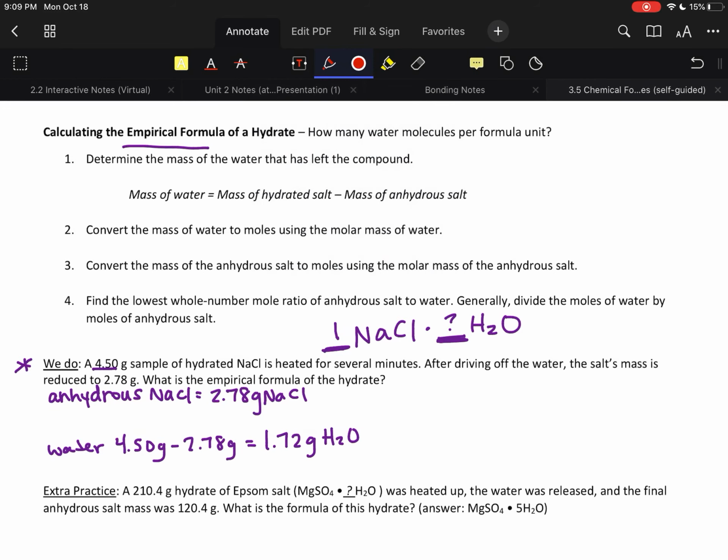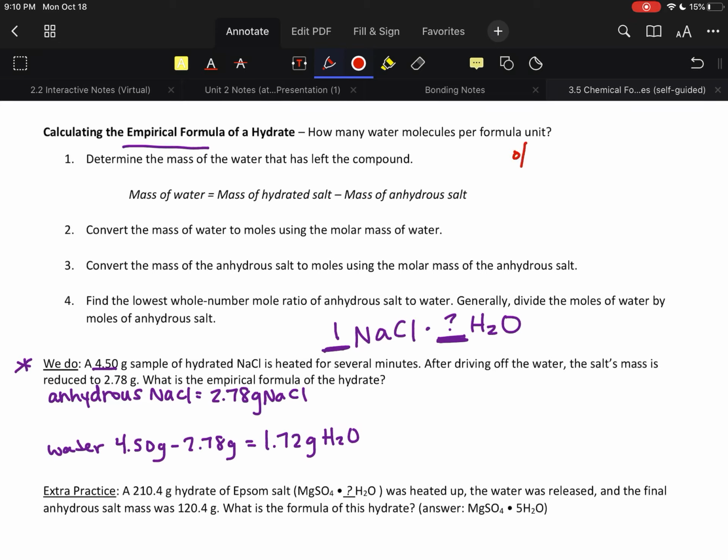Next, if we think back to our empirical formula, we have that nice little saying that helps us calculate it.